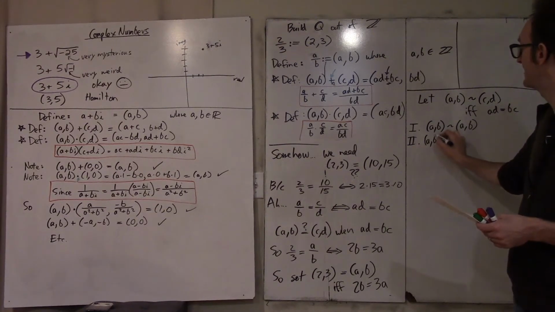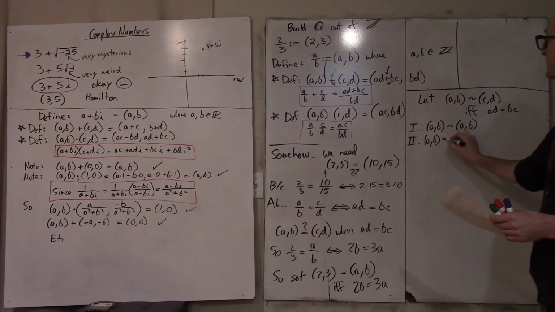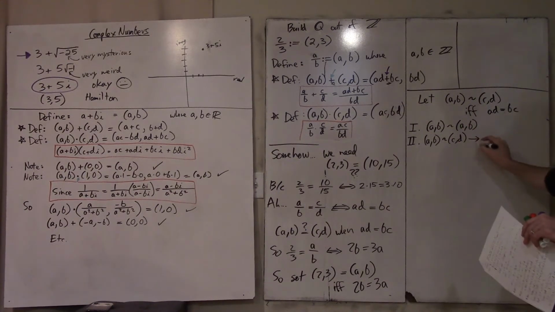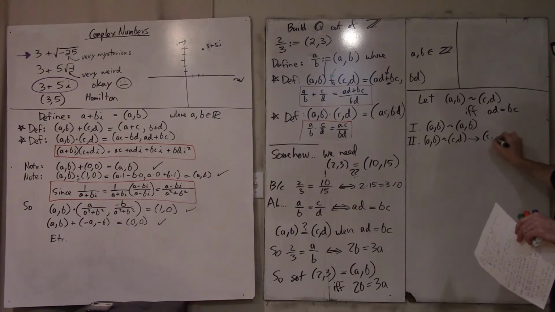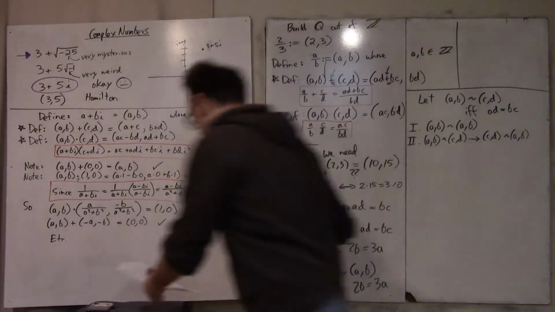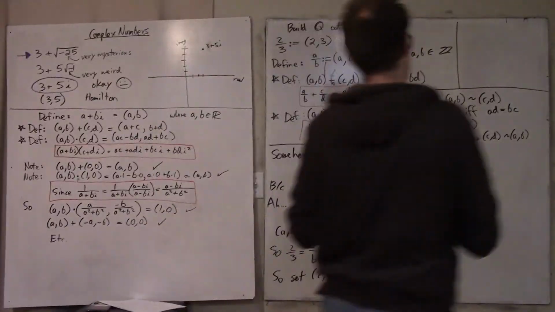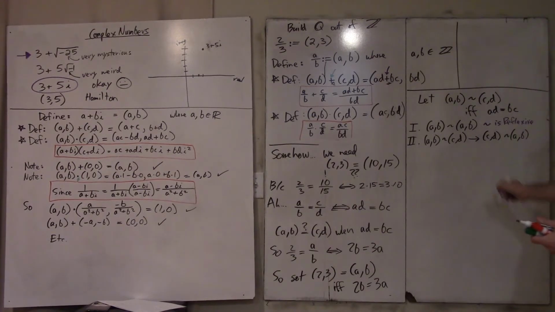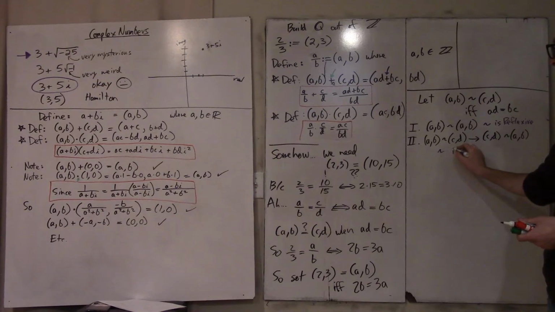If AB is related to some ordered pair CD, in other words this relationship holds, then CD is related to AB. That seems very silly. In fact, these are supposed to be silly and obvious things. What is this? This says that this relation is reflexive. This says that this relation is symmetric.